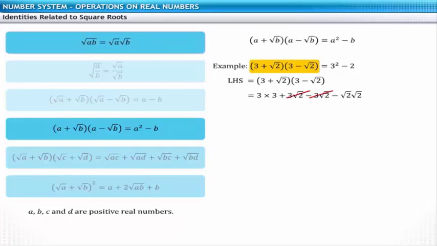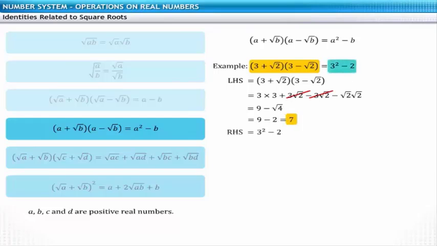On applying the first identity, the expression becomes 9 minus the square root of 4. On simplification, the left-hand side of the example is equal to 9 minus 2, which is equal to 7. Now, we'll simplify the right-hand side of the example. On simplification, we get 9 minus 2, which is equal to 7. Thus, both the sides of the example are equal.